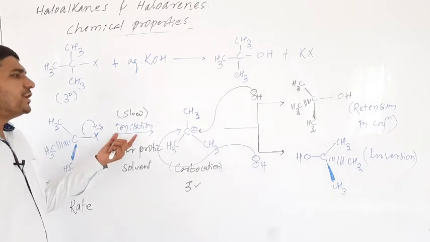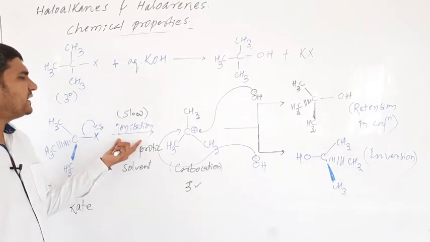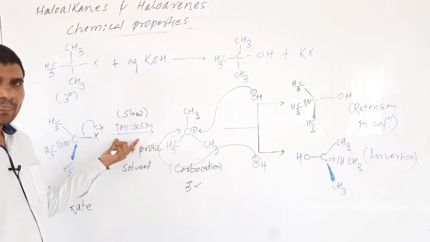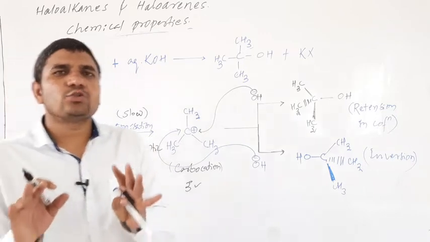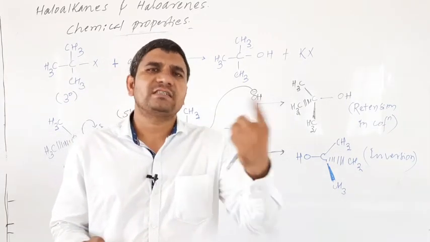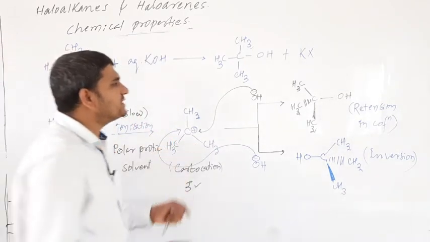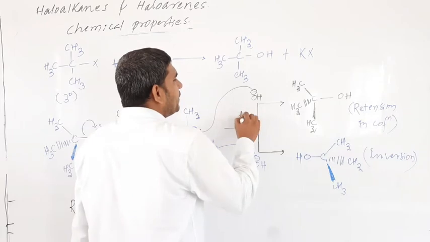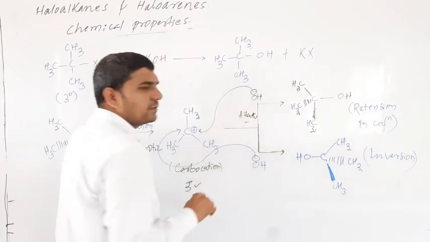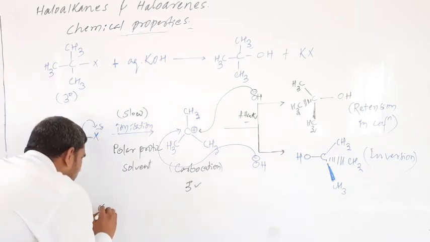That's why in multi-step reactions, means complex reactions, which take place in more than one step, this is a two-step reaction. First, carbocation formation. Second is attack of the nucleophile. Understood? Okay.